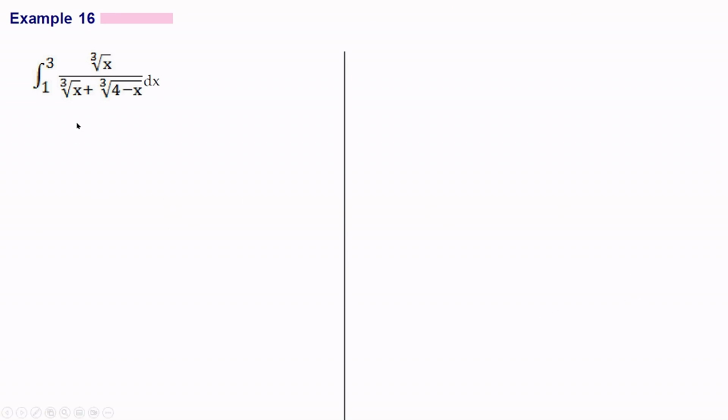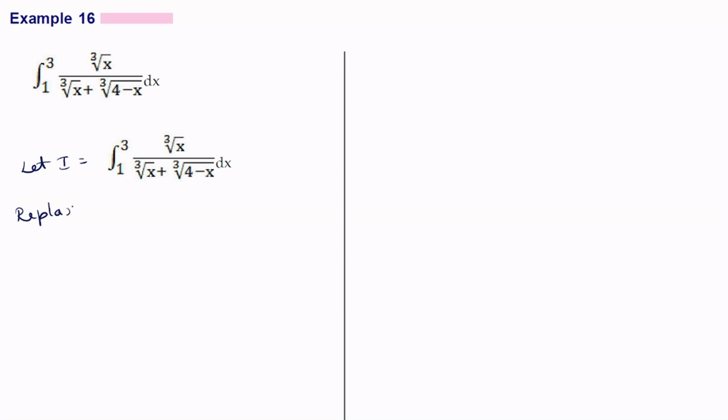Moving on to the next question, integral 1 to 3 cube root of x upon cube root of x plus cube root of 4 minus x. So here let the given integral be I. Again we have to use the property that we have already seen.